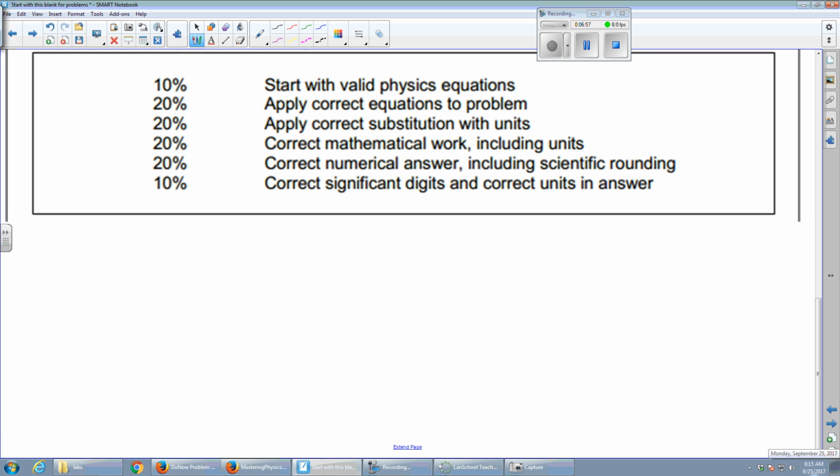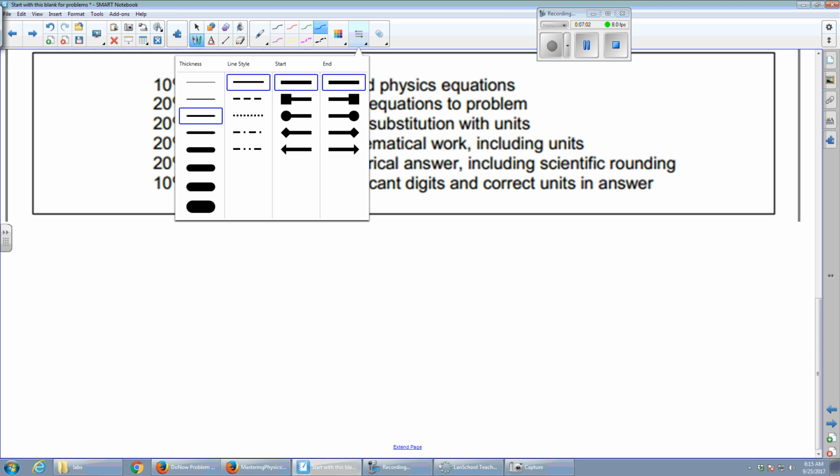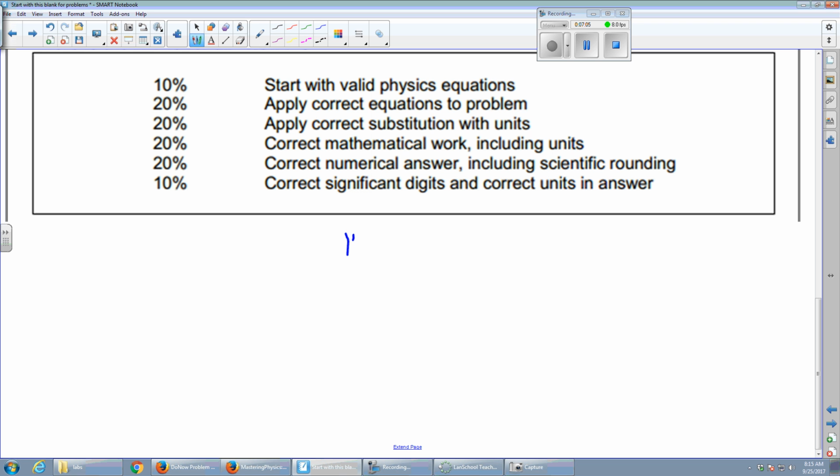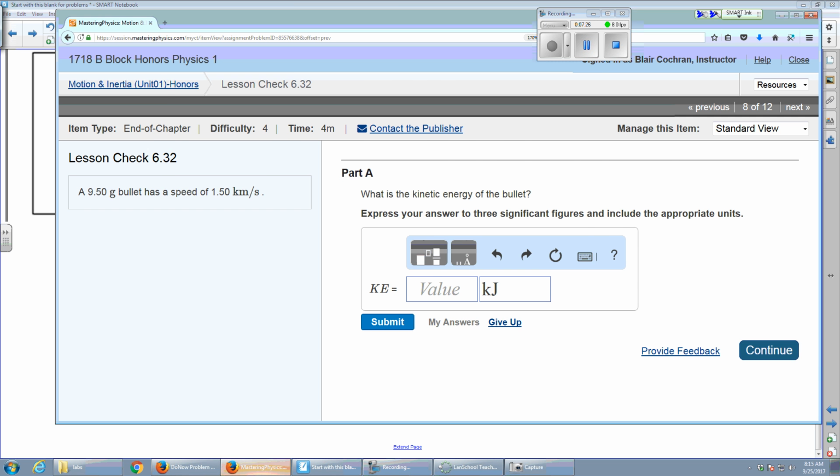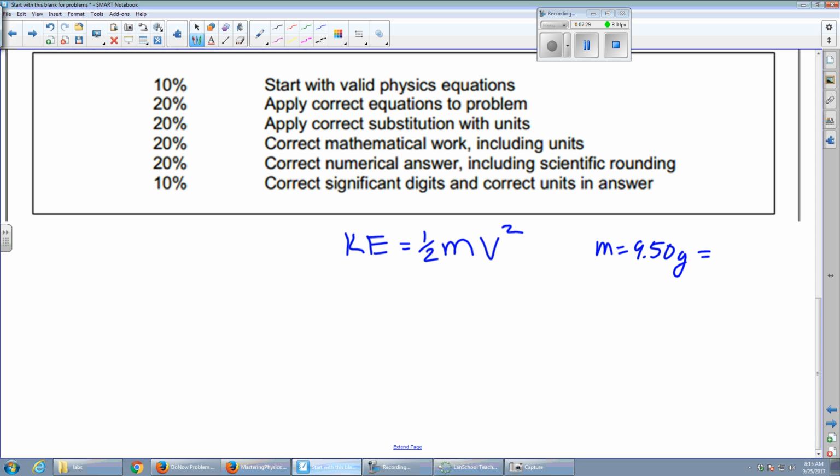I'm going to start off with my kinetic energy equation from that handy-dandy equation sheet. Kinetic energy is 1/2 the inertia times speed squared. To help myself out, I'm going to put 9.50 grams equals 9.50 times 10 to the minus third kilograms.